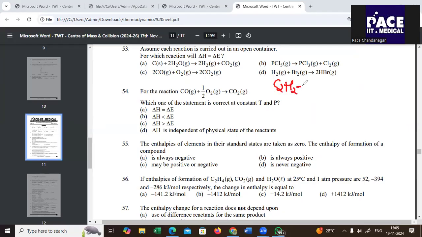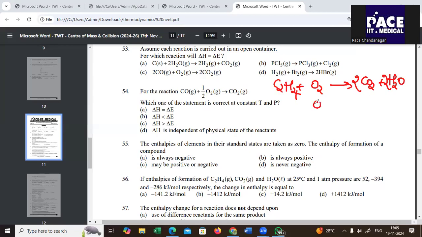This is a combustion reaction going on. If you observe it carefully, combustion: C2H4 plus O2 will give you CO2 plus H2O. Please balance it also. Put a 2 in front of CO2, so 2 carbons are done. Then you have 4 hydrogens, so put a 2 in front of H2O. Now it is balanced.